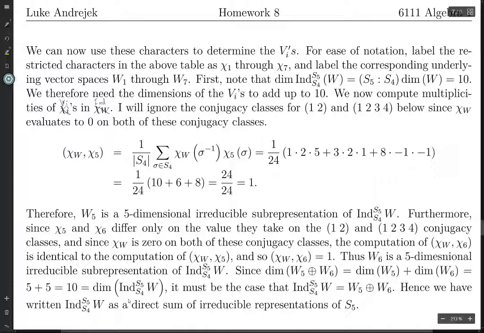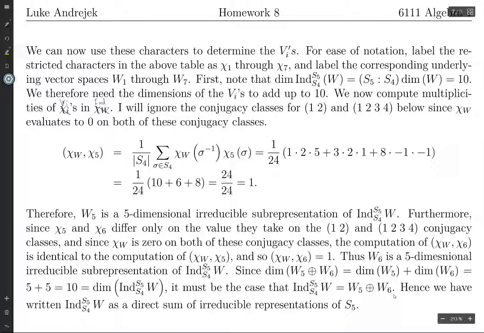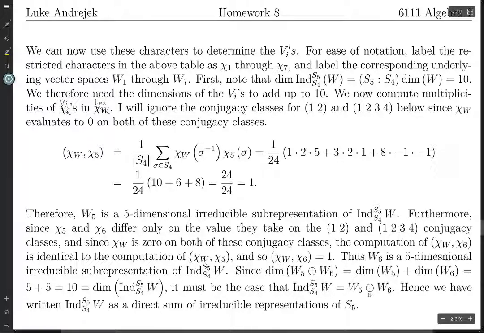So it has to be that the induced representation is equal to these two. Basically, by looking at the dimensions, we see that there's no more room to have any more subrepresentations of this induced representation.